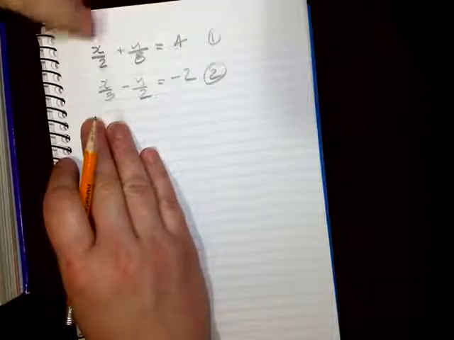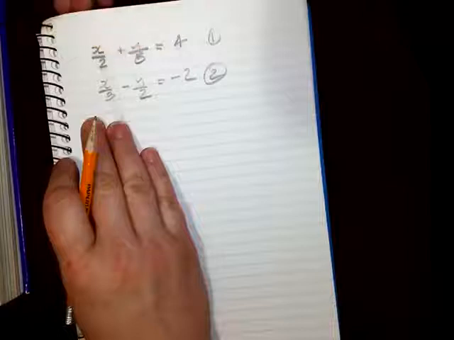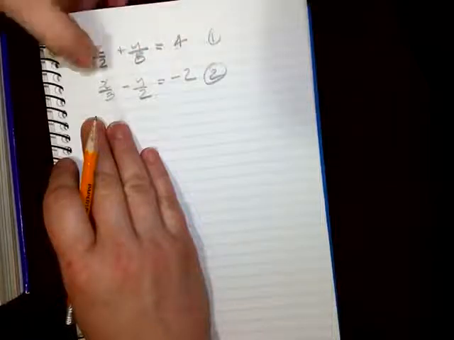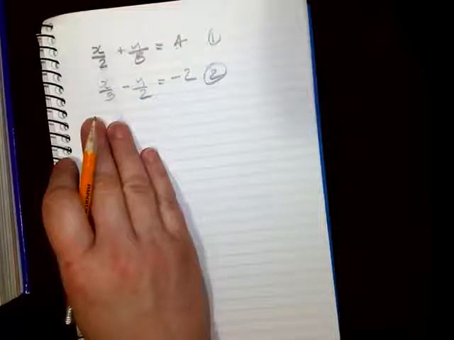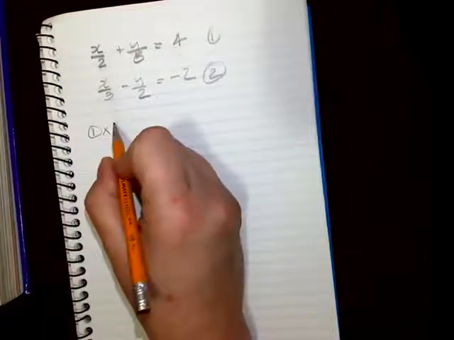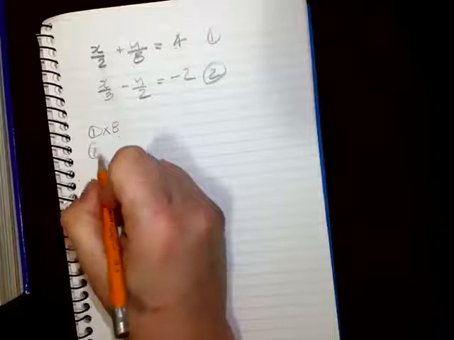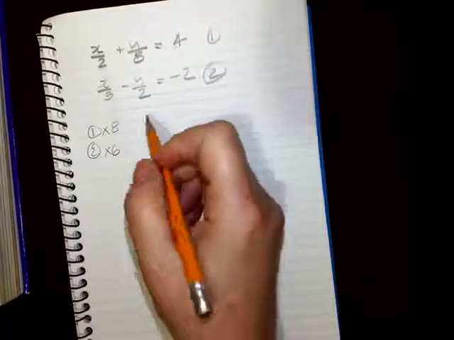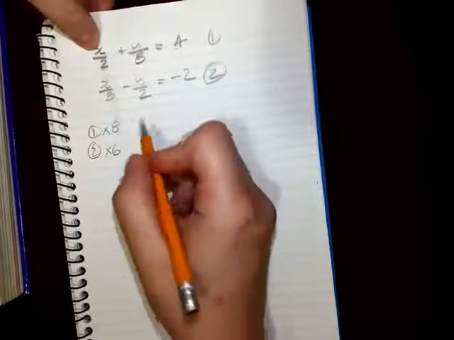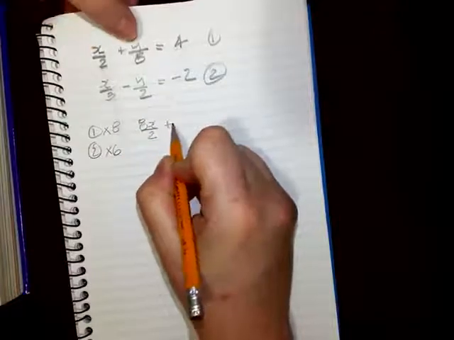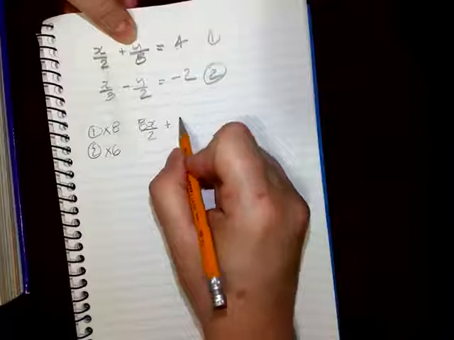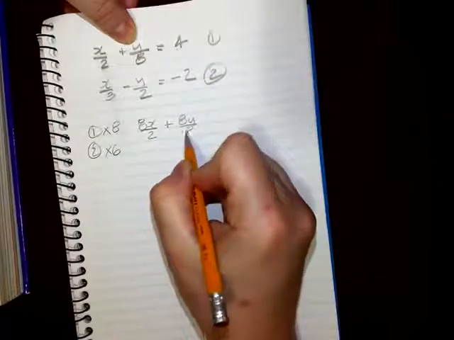So what's the lowest common denominator of 2 and 8? Well, that's 8. And what's the lowest common denominator of 3 and 2? Well, that's 6. So number 1, we're going to multiply by 8. And number 2, we're going to multiply by 6. So let's do that. 8 times this is 8x over 2 plus 8 times that is 8y over 8.